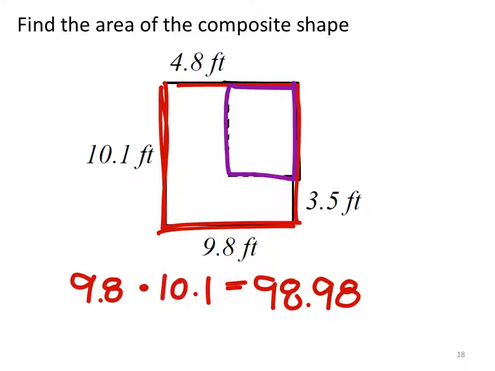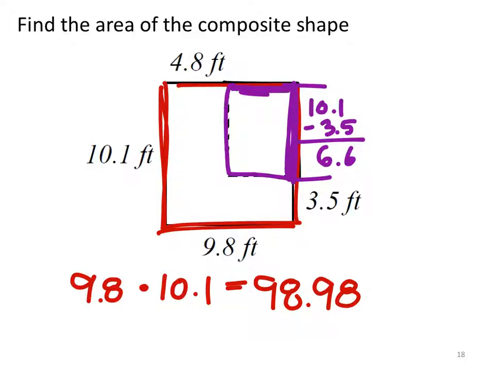All right? So what are the dimensions of that rectangle? Well, if that's 3.5 and the whole thing is 10.1, then this measurement would be 10.1 minus 3.5. So that, by the way, is just the height of this thing. I also need the width of it, right? So the whole thing, if we looked across, would be 9.8. However, we're not going that far.